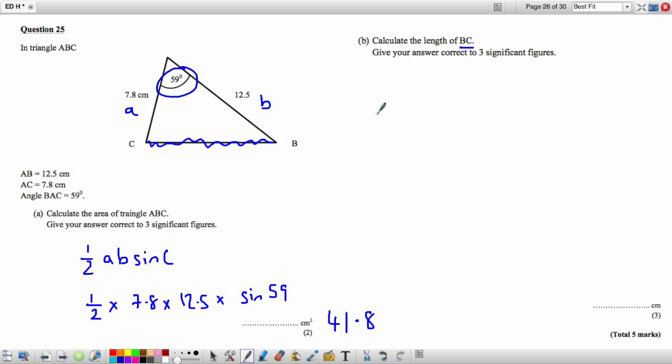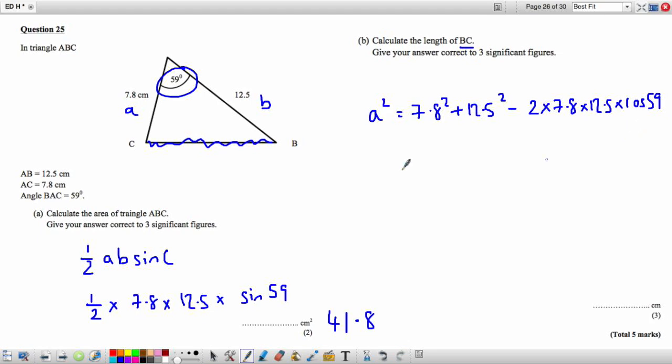To find the length of BC, the line across here, we use the cosine rule. To do this, we are going to find the length, a squared, and we do this by first off the 2 sides squared added together. Subtract 2 multiplied by the sides, 7.8 multiplied by 12.5, multiplied by the cos angle enclosed, 59.